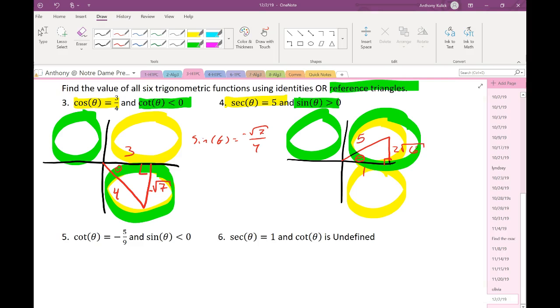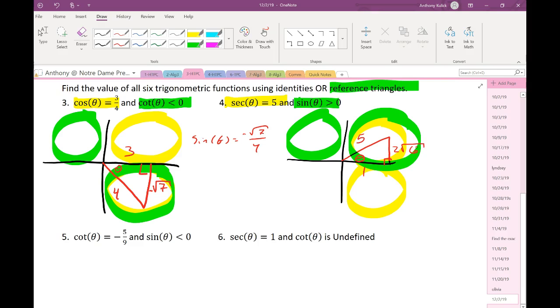Why do we know that 2 root 6 is positive there? It's in the first quadrant, right? The y-coordinate is positive in the first quadrant, so that up and down one is positive. Okay, Megs, you good with that? That was enough of a refresher.